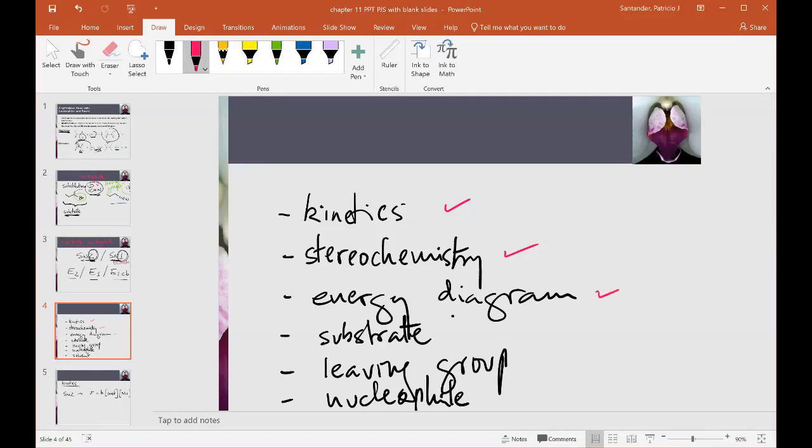Energy diagram. We can see the energy profile, and that is going to be different between SN1 and SN2. Substrate. What is going to happen if I change the nature of the substrate? If I use a primary halide, a secondary halide, or a tertiary halide, how is that going to influence the rate of the reaction and the outcome? Leaving group. What happens if instead of having a bromine, I have a fluorine?